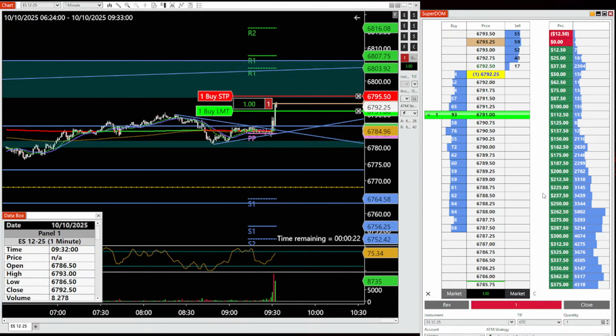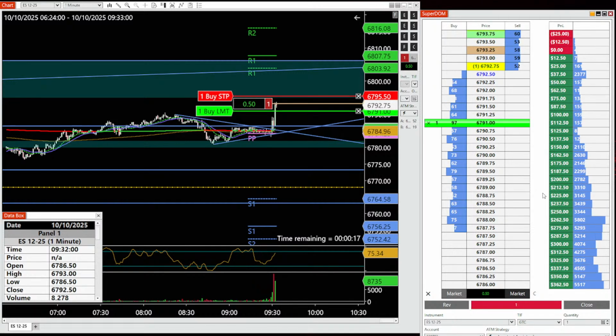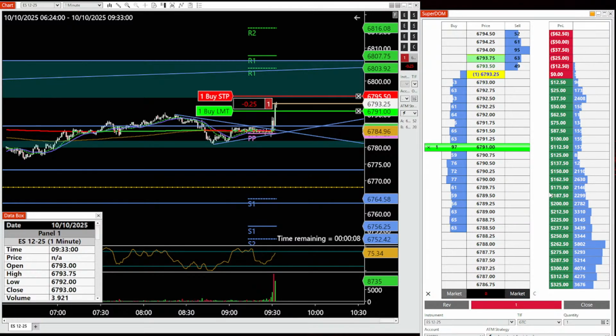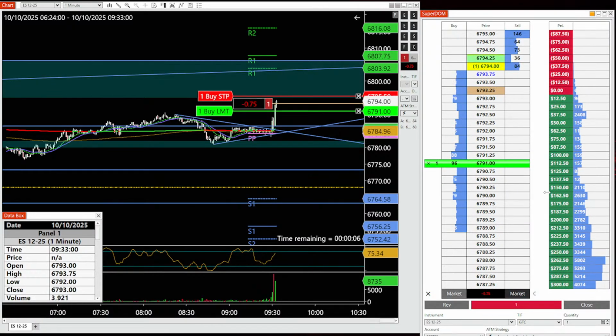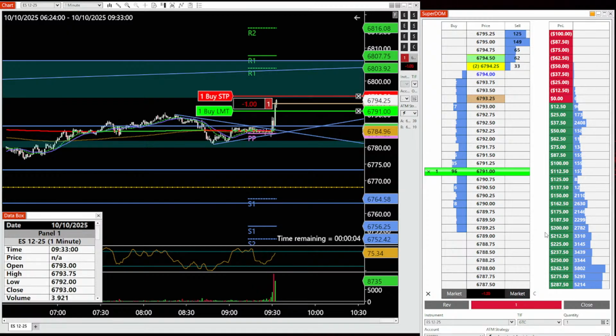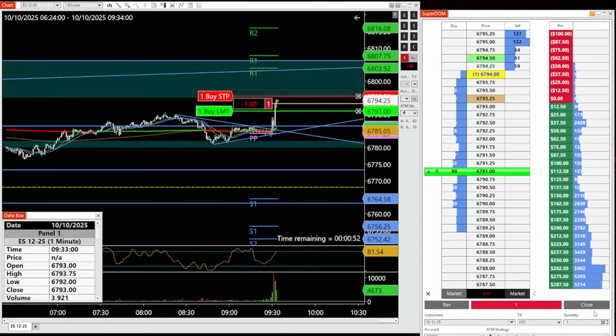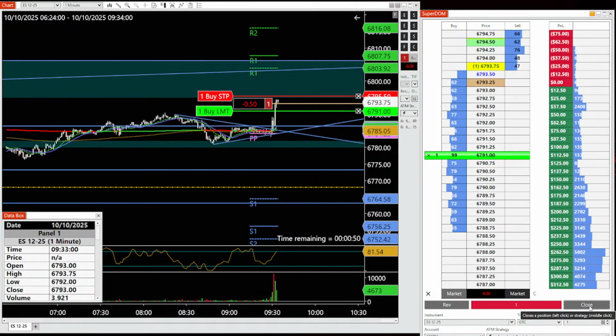Looks like it's holding up. Yeah, it's holding up. Is it going to hold? Might keep going. Might be the squeeze out from yesterday.